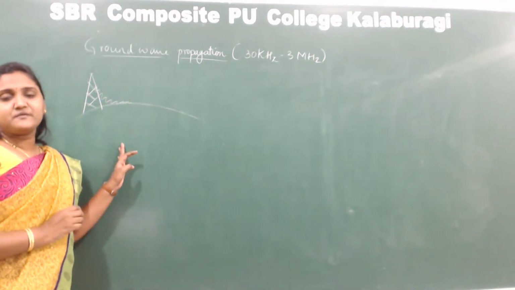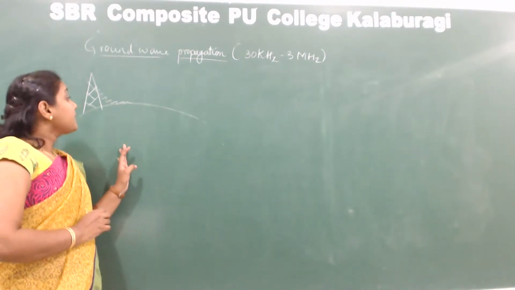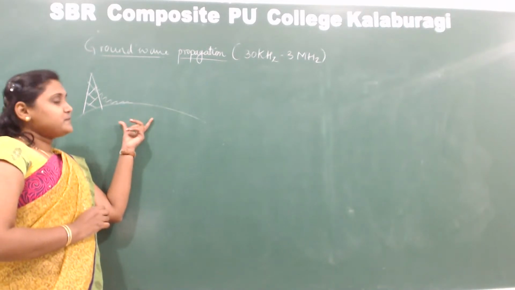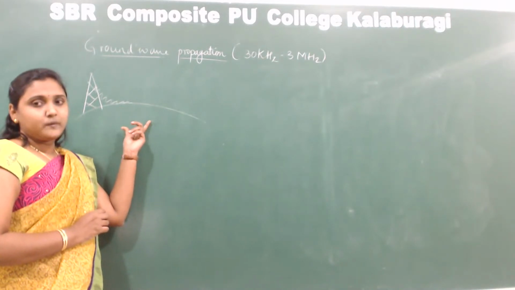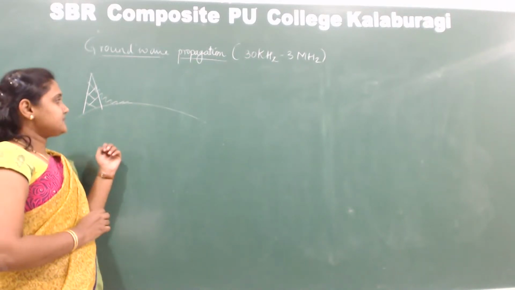In the previous class, we have seen that the signal transmitted is going to be absorbed by the earth. Why is it absorbed by the earth? Because the earth has its own resistance.